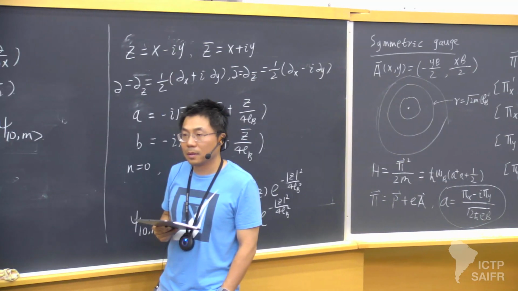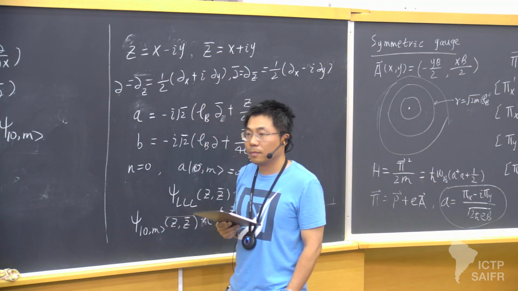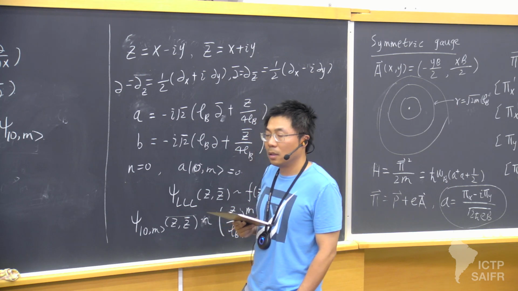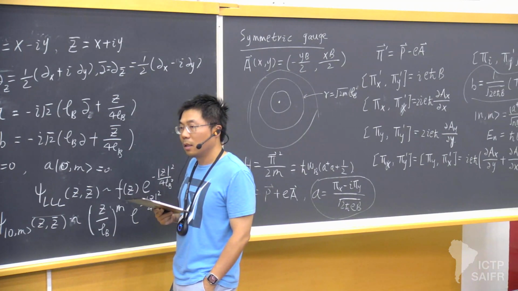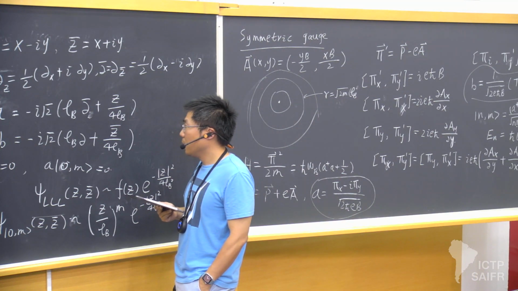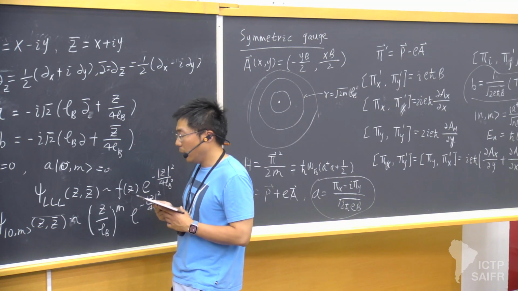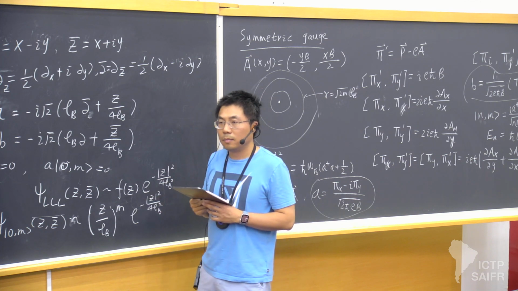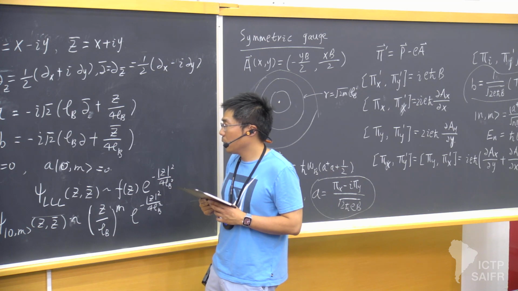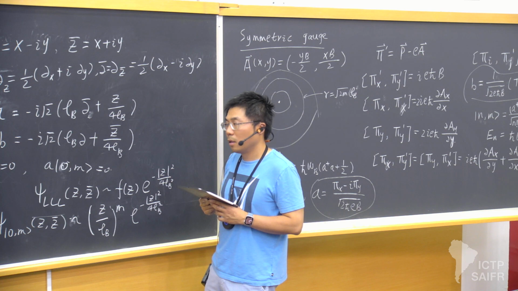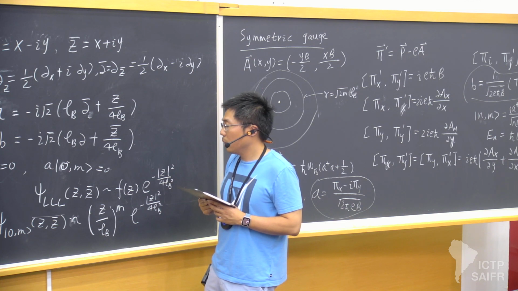When you get the wave function for the lowest Landau level, you solve a differential equation with the application of the a operator. The question is whether it is analogous if you apply the b operator to an n, 0 state, or is it the same?